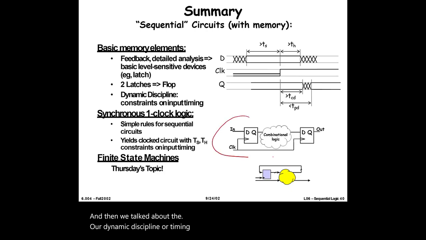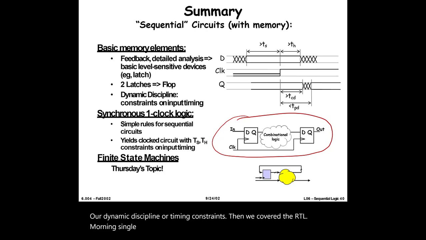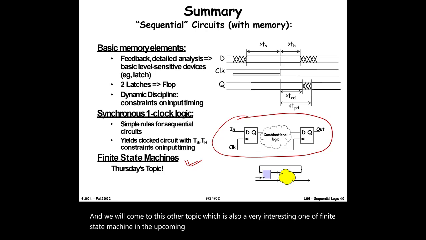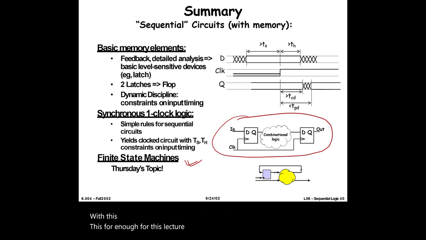Then we covered the RTL model, the single clock RTL model, and we will come to another very interesting topic, finite state machines, in the upcoming lectures. So with this, this is enough for this lecture. We will continue with the next topics.